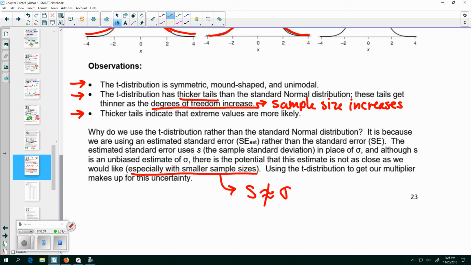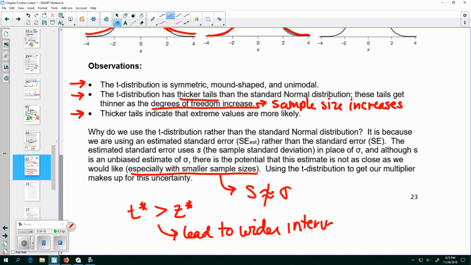So in most cases, the critical value from the T distribution is going to be bigger than the one we would have gotten from the standard normal distribution. And that is going to lead to wider intervals, and this is especially true for those smaller sample sizes.